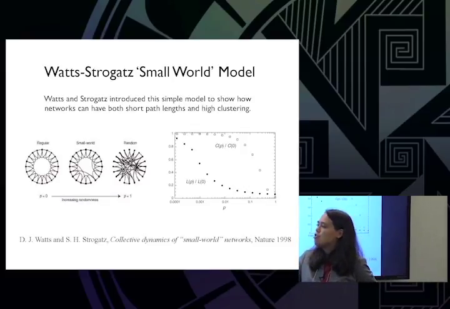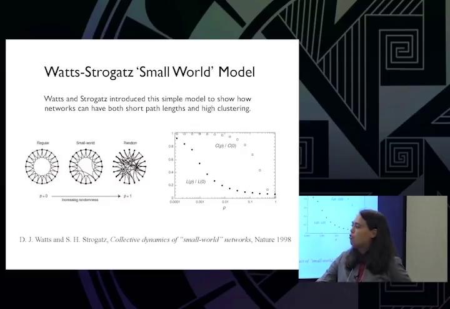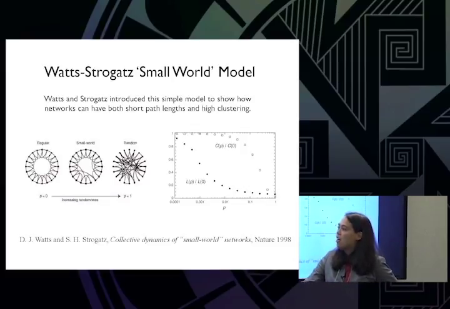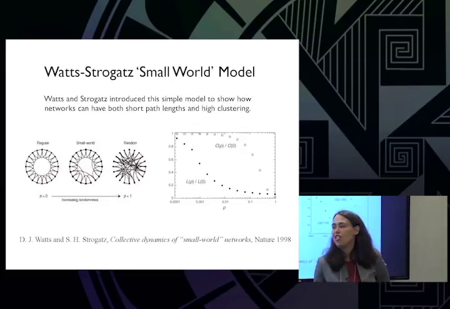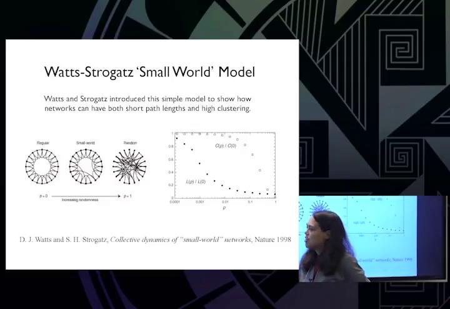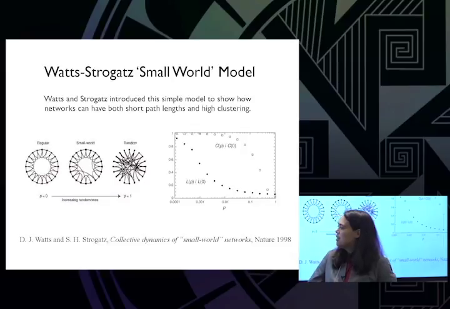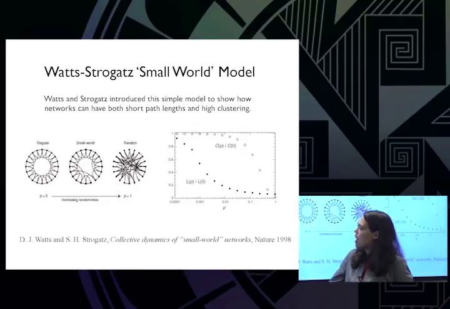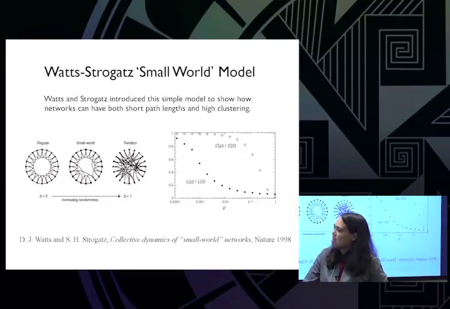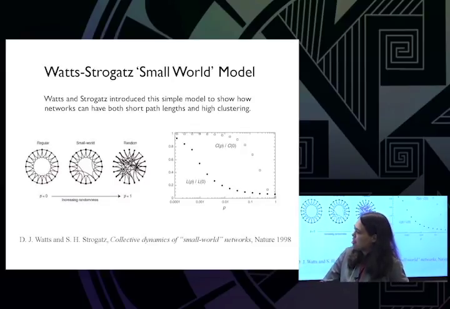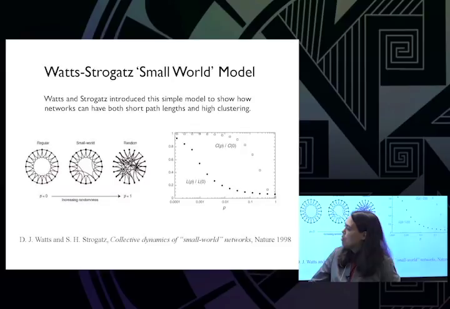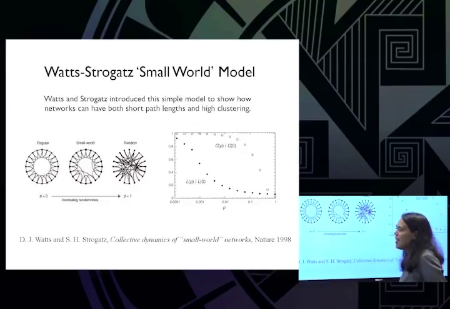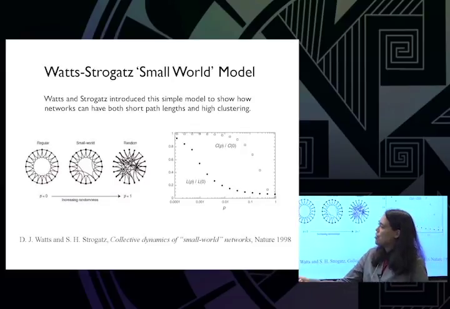And then as you tune this probability of rewiring to 1, you get basically an Erdős-Rényi network when you're rewiring all the edges. What they showed was, as a function of this rewiring probability, notice this is on a logarithmic scale: here, this is p equals 0.001, 0.01, 0.1, and 1. So you have this big range.